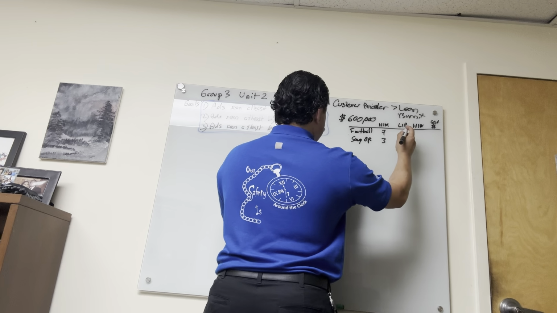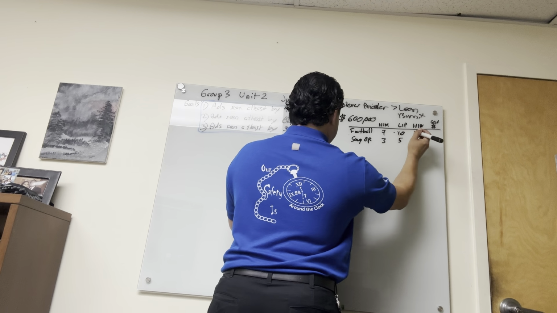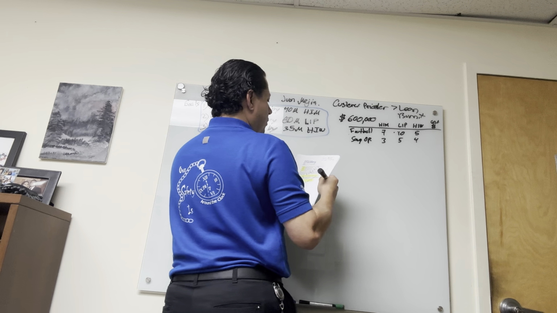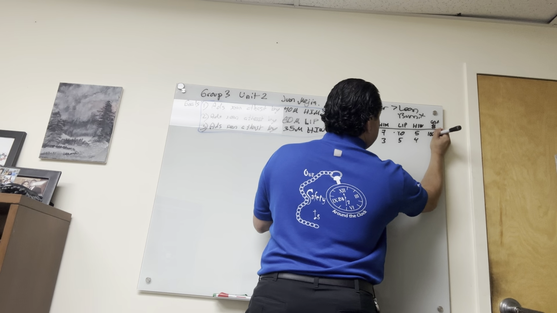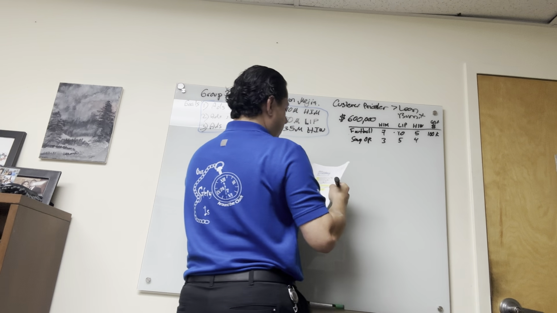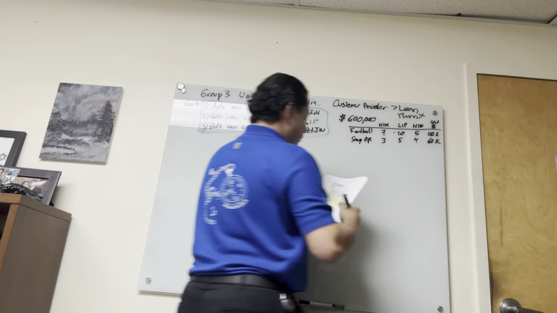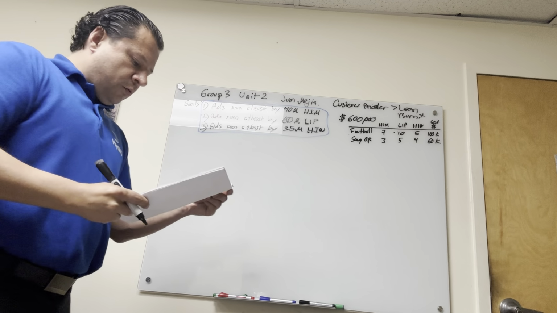And then for the LIP you have 10 and 5, and then you have 5 and 4, and then the cost is $100,000 for football and then $60,000 for the soap operas. Okay, so that's where we're at right now.